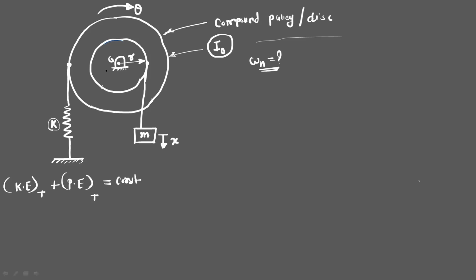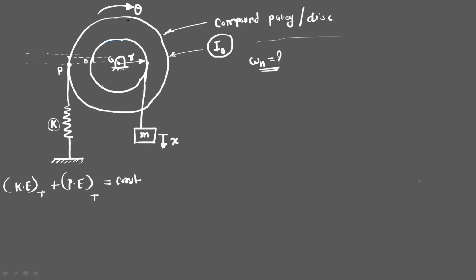As the disk is rotating in the clockwise direction by a very small angular displacement theta, let us take this point as P. It will move in the upward direction by a very small displacement. This angular displacement is theta.